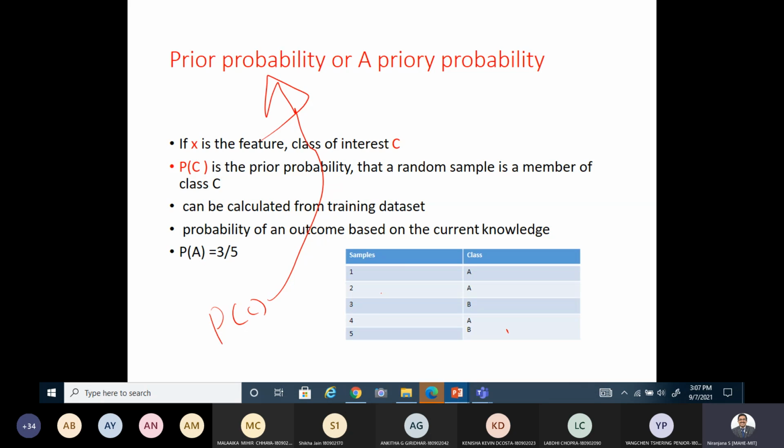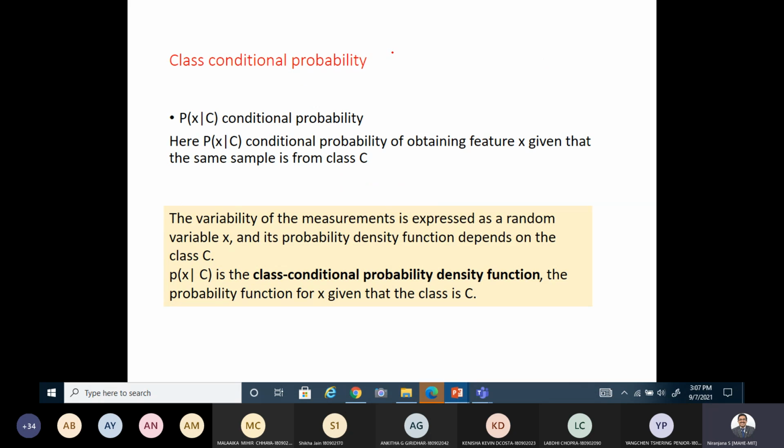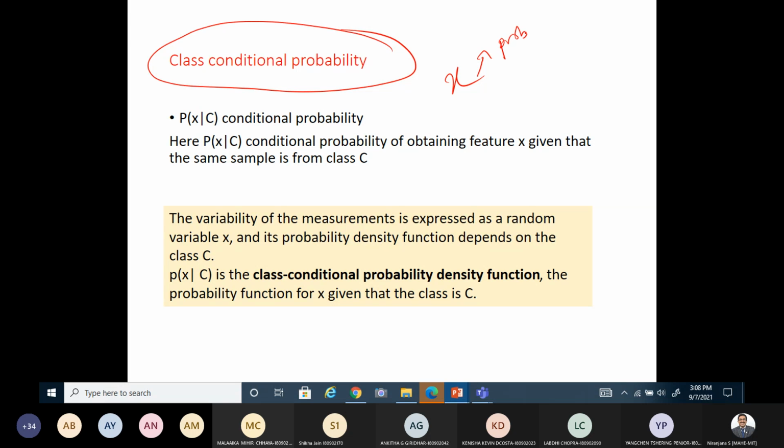prior probability. And one more probability we discussed just now, with a discrete variable or continuous variable, how you can describe it with the probability distribution function, or with the probability density function.